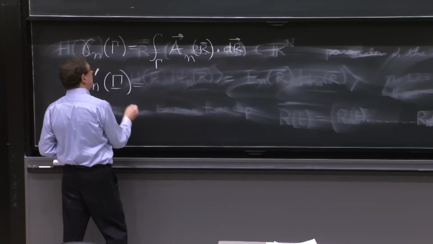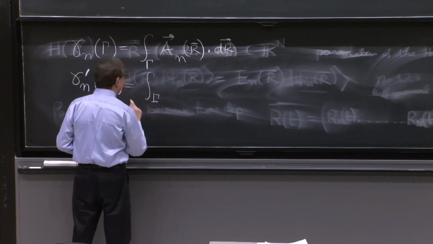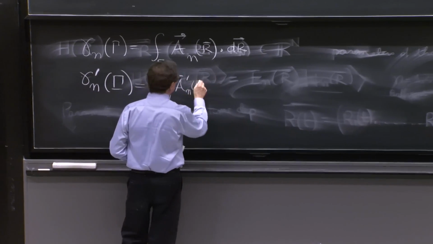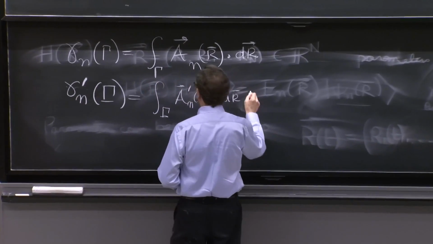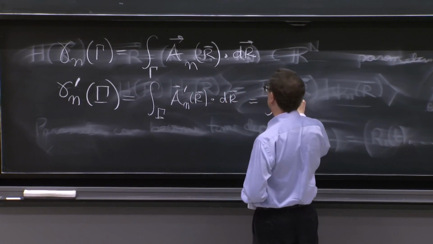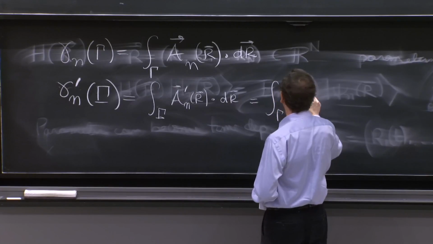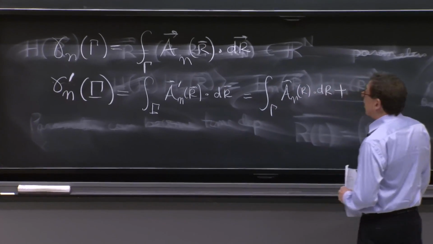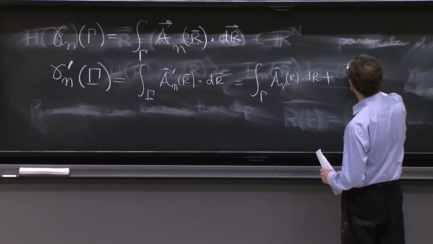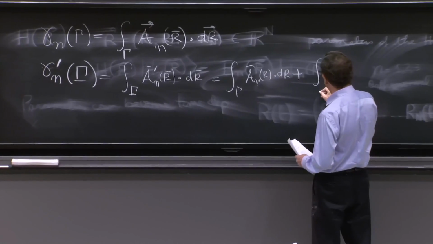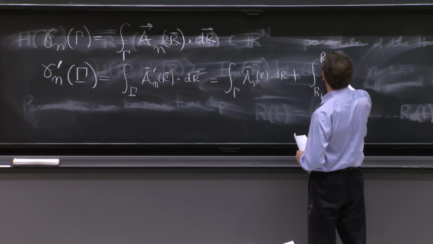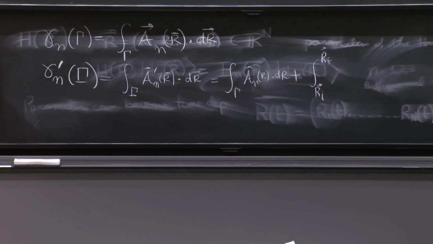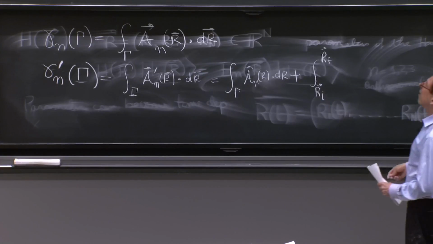So what is the primed thing? Well, we still integrate over the same path, but now the primed connection is the old connection, A_n of R dR, the old Berry's phase, plus the integral over Gamma, or I'll write it from initial R to final R. Maybe I should have Ri and Rf in that picture.